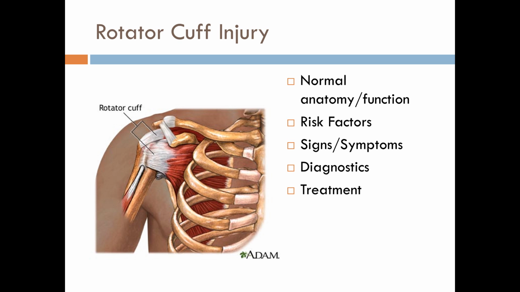We want to increase or at least maintain their range of motion, and we want to get them to return that strength back to their arm. Usually full recovery can take up to 6 to 12 months, so it's a long, slow recovery process.